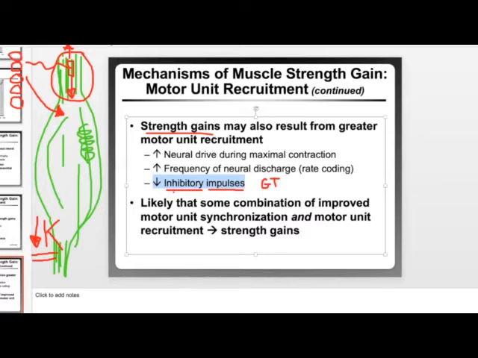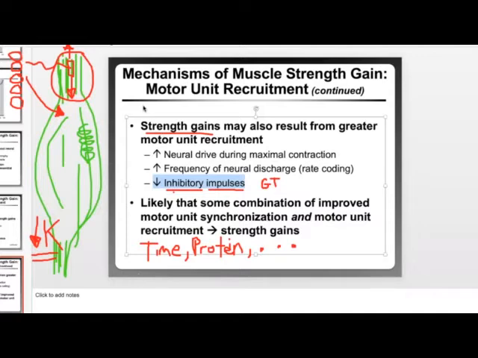So it's not only the case that muscle timing or muscle protein increase is the thing leading to strength gains. It could be the case that along with the timing, the synchronicity, the increase in actin and myosin, there are other things also contributing to increased strength gains.